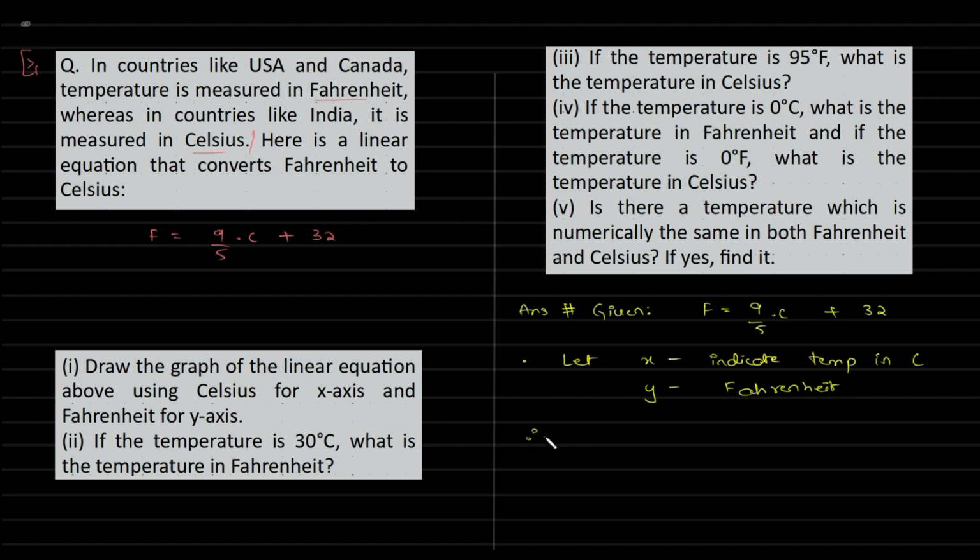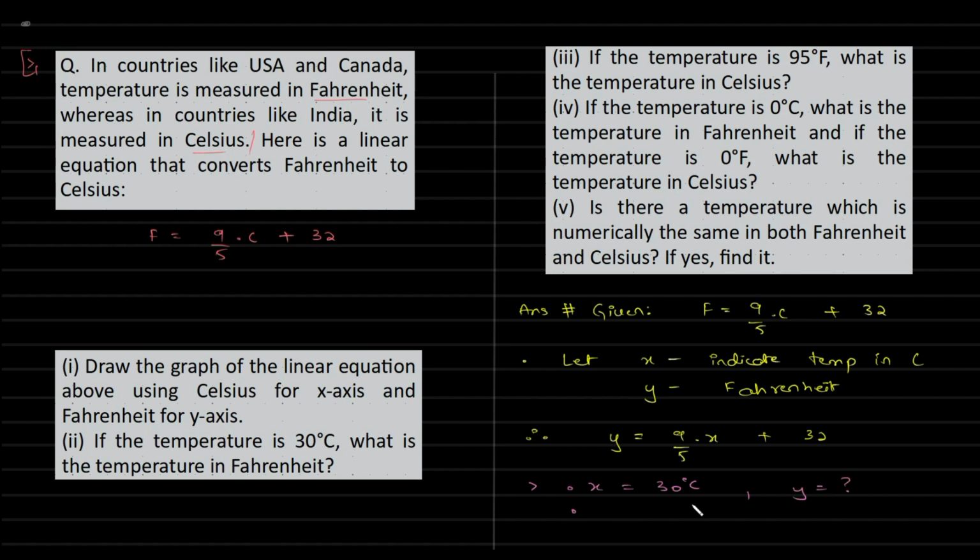Therefore, your equation will become y is equal to 9 by 5 x plus 32. So they are asking us to figure out, when x is 30 degrees, what is y?